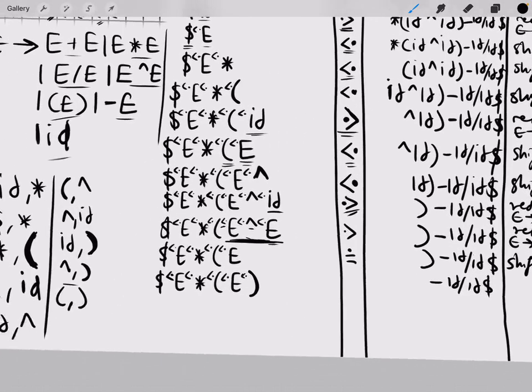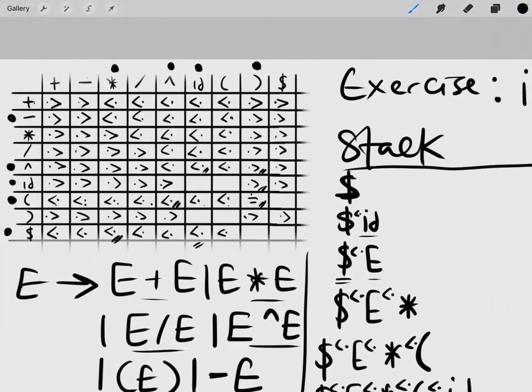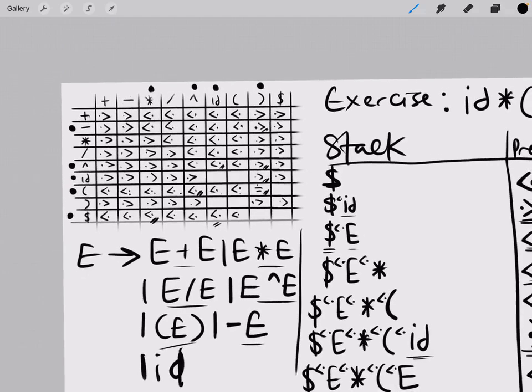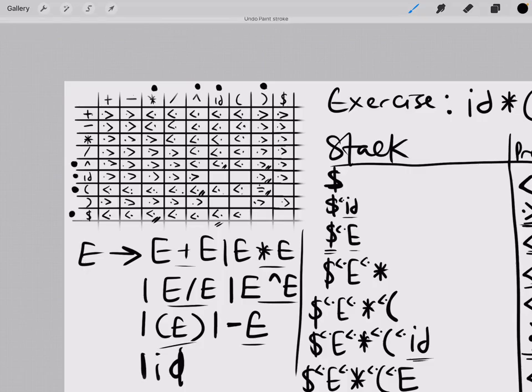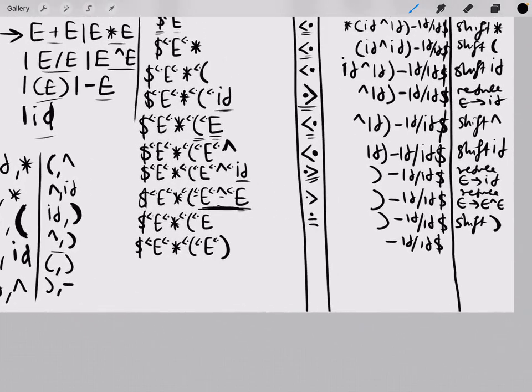Now checking for close bracket, we know that regardless of the order, it should take precedence, but we'll still confirm. So close bracket and minus. What do we have? It still takes precedence. So in this case, this means that there is another handle.